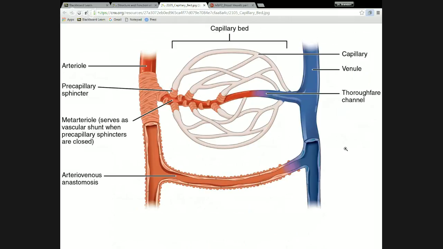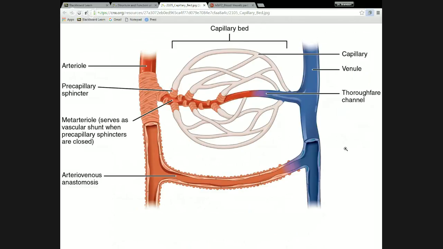If you don't need blood to go into the capillary bed, if that tissue doesn't have a high demand for oxygen or nutrients at that time, there's no point in sending the blood through the capillaries because that oxygen might be needed somewhere else. There can be some exchange for the very basic needs for the tissue across the wall of the metarteriole, but all of these capillaries are closed off because this tissue might not need that much of the oxygen or nutrient supply from the blood.